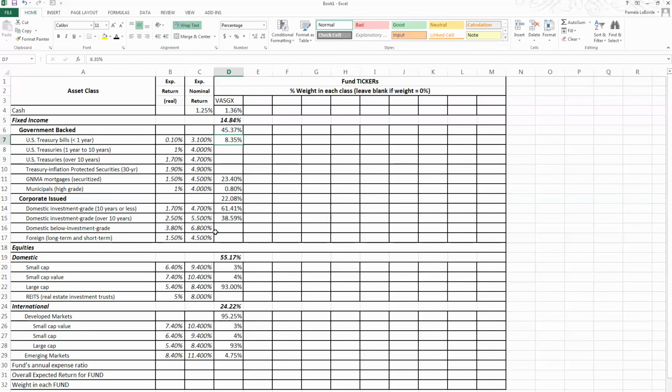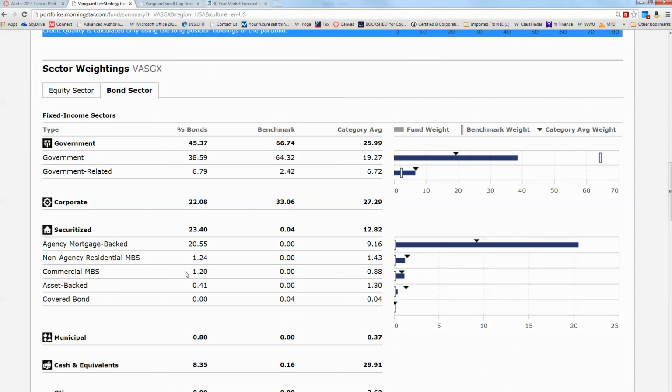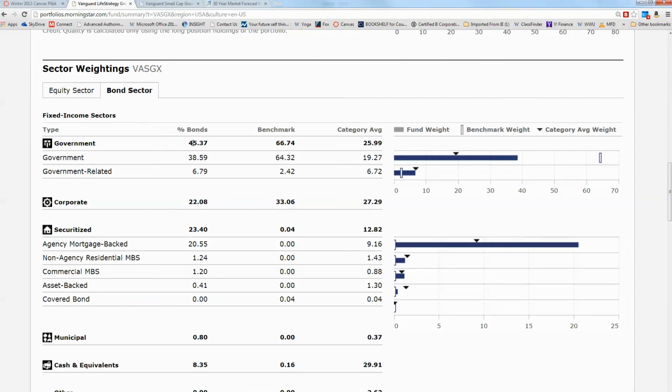Okay, I'm sorry, I noticed that I did something incorrect. Over here, I can see that they've got 45% of their bonds in the category that Morningstar calls government. But it doesn't break it down into treasury securities or short-term treasury securities versus long-term treasury securities.